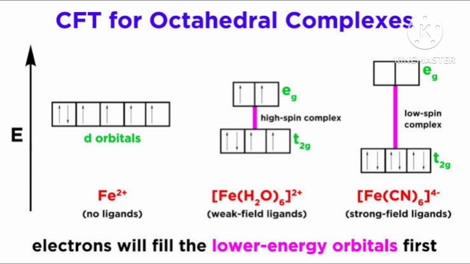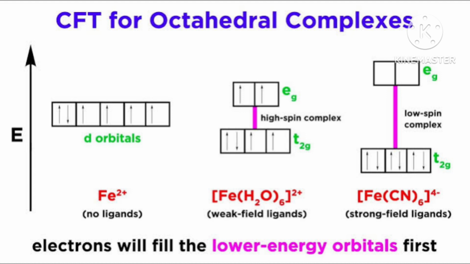Iodide ion creates a lesser field than bromide ion. Bromide ion is less than thiocyanide, SCN 1 minus, all are 1 minus, and SCN 1 minus is less than chloride ion.